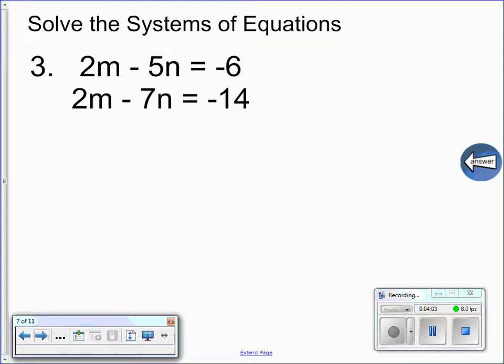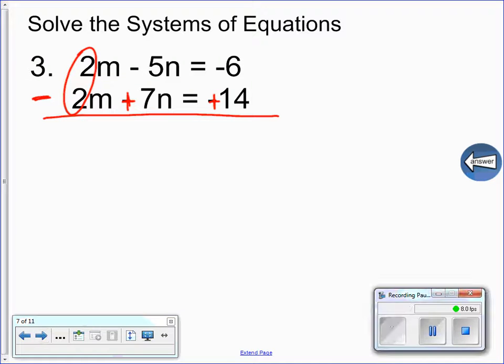In these two equations, the n has the same coefficient, and they're the same signs, so I'm going to have to subtract. So subtract a negative, subtract a negative. These cancel, so 2n equals 8, so n is equal to 4.